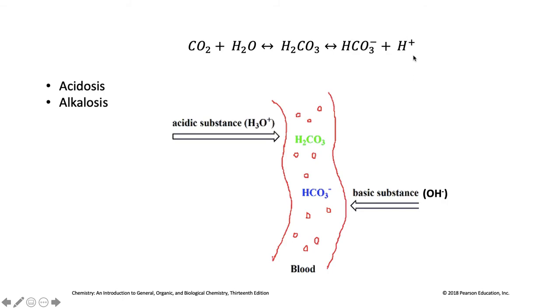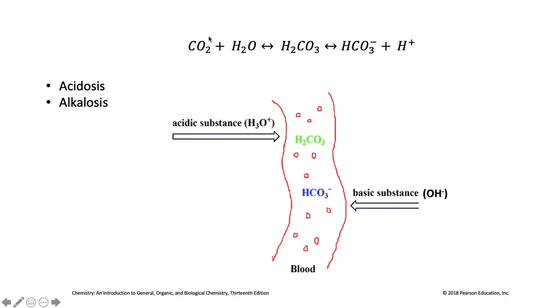The body is going to act in such a way to counteract the change, meaning it wants to lower the H plus, and it does that by combining it with HCO3 minus to form H2CO3. Once you form extra H2CO3, you increase that value. This is going to shift, once again from Le Chatelier's principle, the equilibrium towards making more CO2 and H2O to get rid of H2CO3.